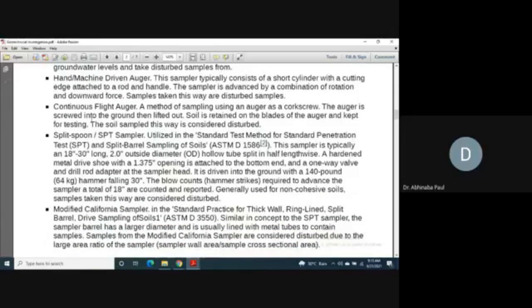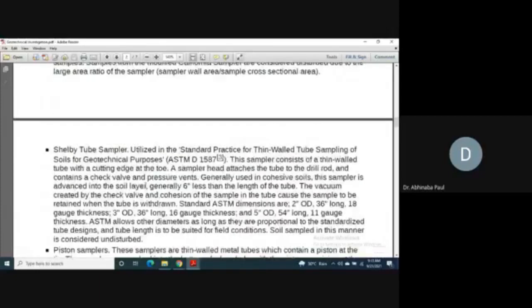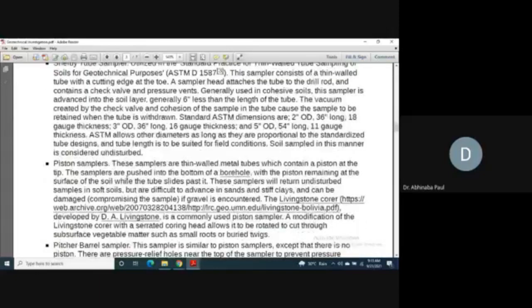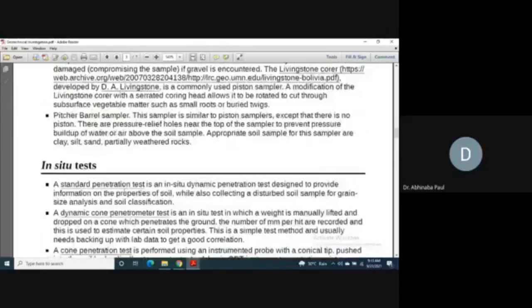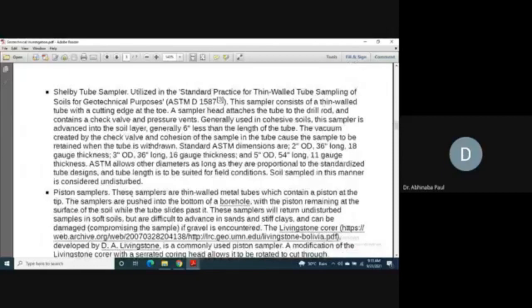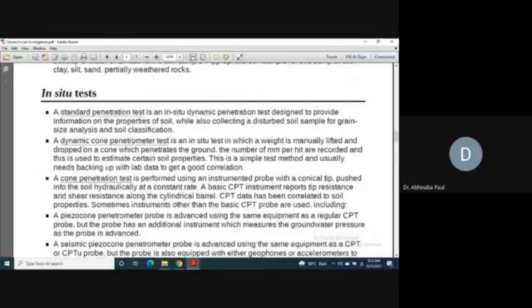Next is continuous flight auger, split spoon sampler. Then modified California sampler, Shelby tube sampler, piston samplers, then Pitcher barrel samplers. So there are so many kinds of sampling apparatus by which we can collect or gather the sample.